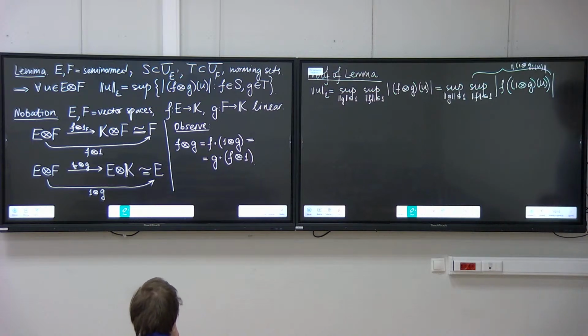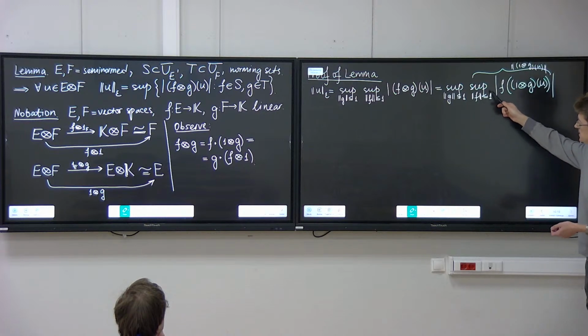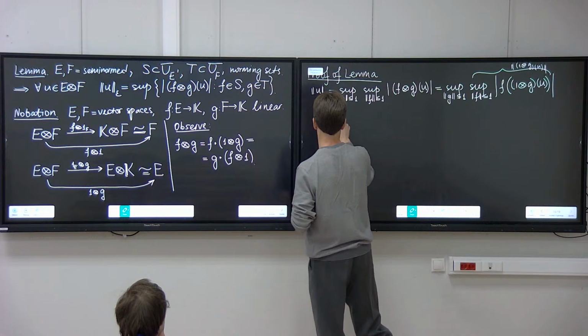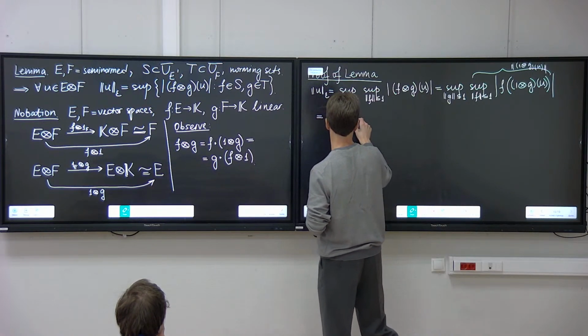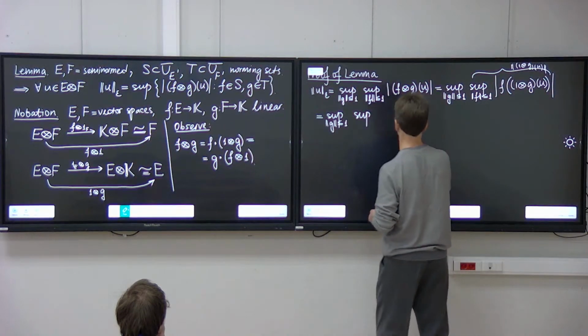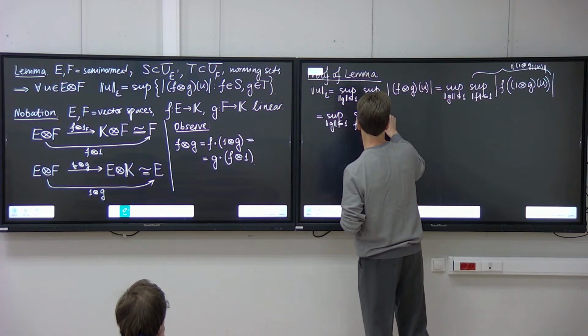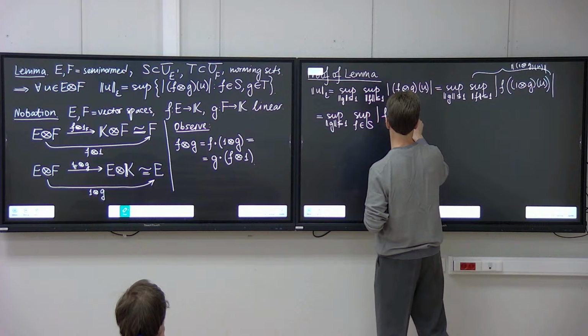So we now use the assumption that S is a norming set, and so we can replace here the unit ball by S. So this will be the supremum over the unit ball. In the second supremum, we replace the unit ball by S. And we write the same element.